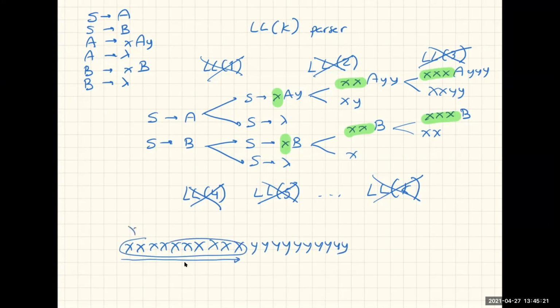If we had only X, we need to use the B set of rules. If we have the X by 10 Ys, we would need to use the A set of rules. So we don't know, it's not possible.